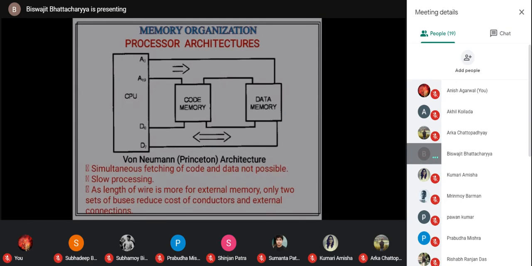Simultaneous fetching of code and data is not possible because there is one dedicated memory that will store our program, and another dedicated memory that will store the data. So either the address bus will carry an address for code memory or for data memory, not simultaneously. A code memory and data memory cannot be accessed simultaneously.